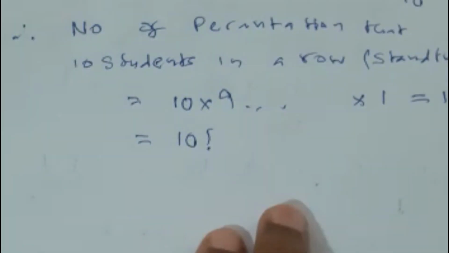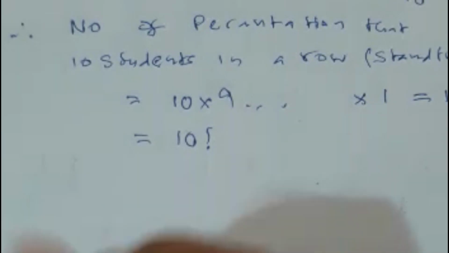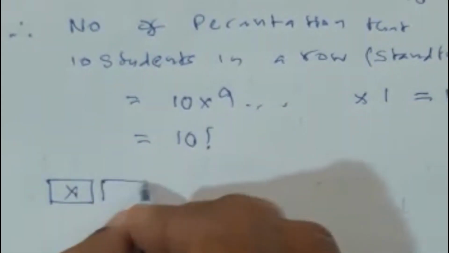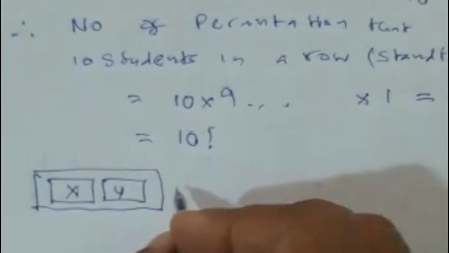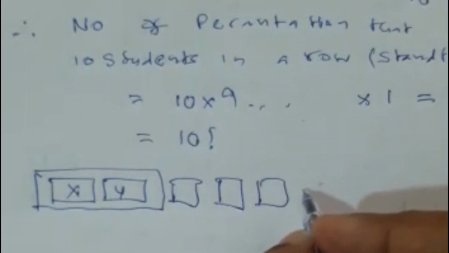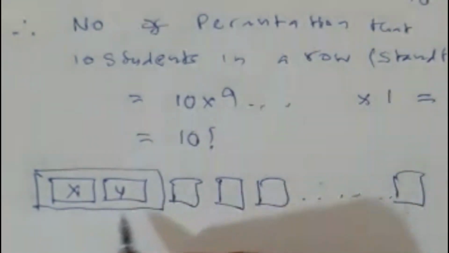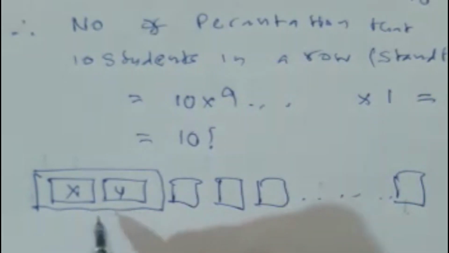So we will take those 2 students as X and Y. We try to find the number of ways to keep them together, that means they always remain standing next to each other. So that's the possibilities we are going to find now.